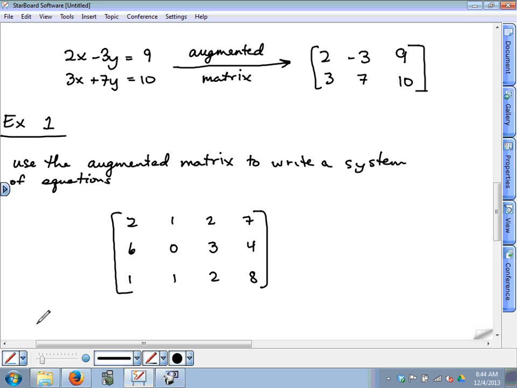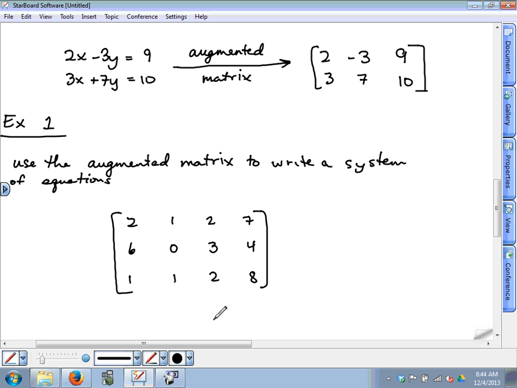This one's still an augmented matrix because it has one more column than it has rows. By the way, let's just practice. What's the dimension of this matrix right here, the one I'm circling? 3 by 4. 3 rows, 4 columns.